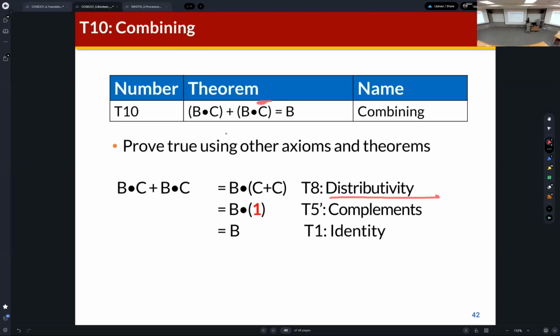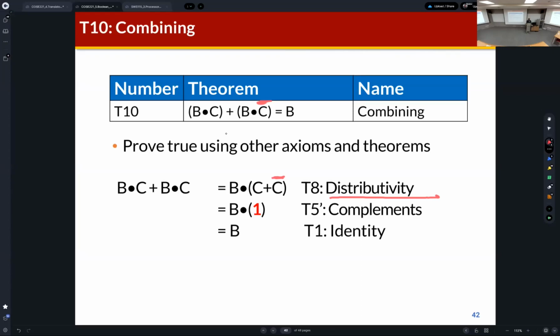So B and C plus B and C bar. Then by applying the inverse of distributivity, the B becomes B bar. Sorry about that.